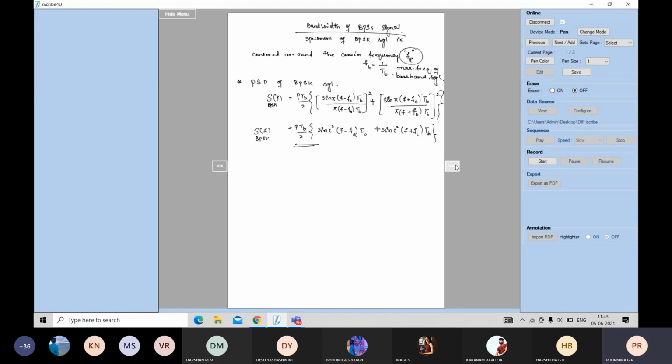When it is plotted, the plot will be like this. If I take this as FC and the other one as minus FC, the sinc function is centered for symbol 0 and symbol 1, with side lobes like this.